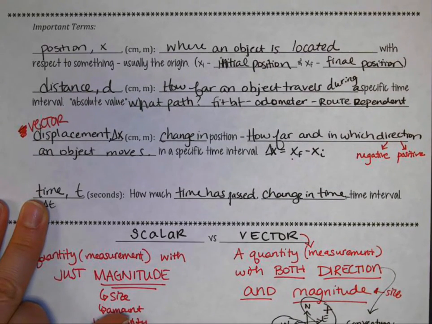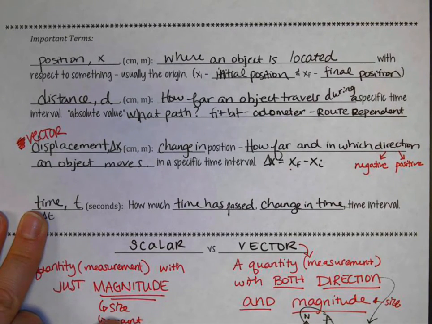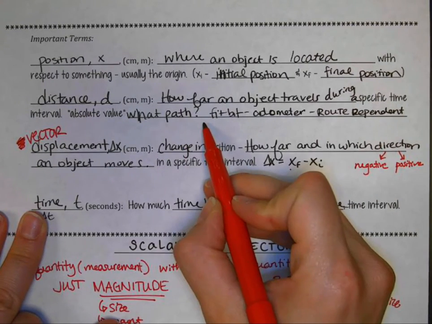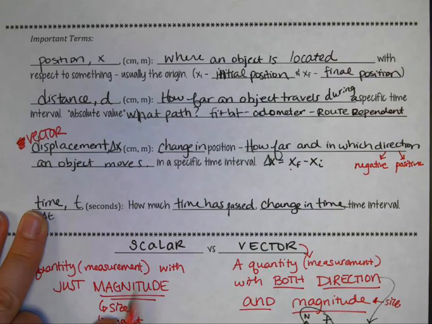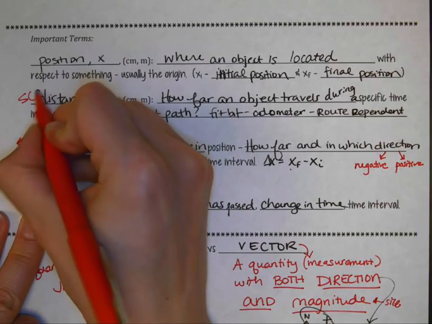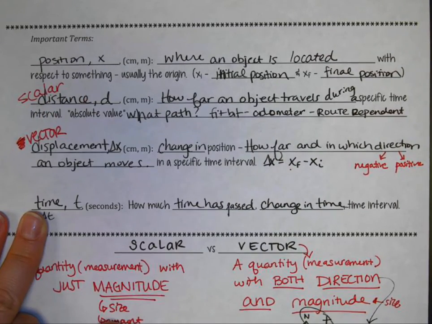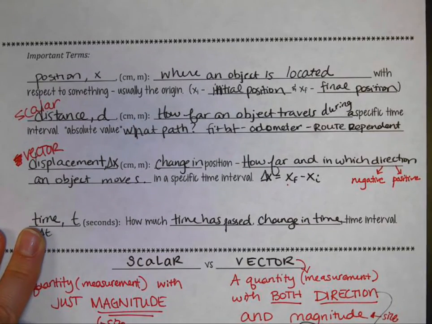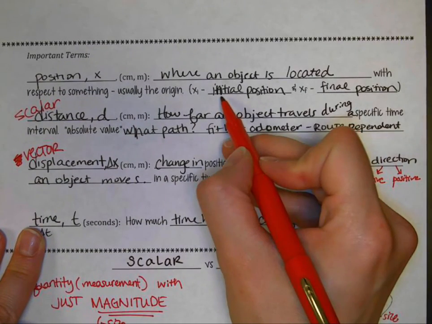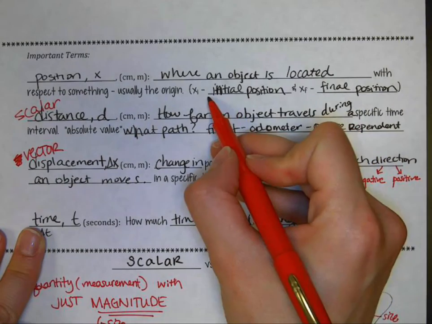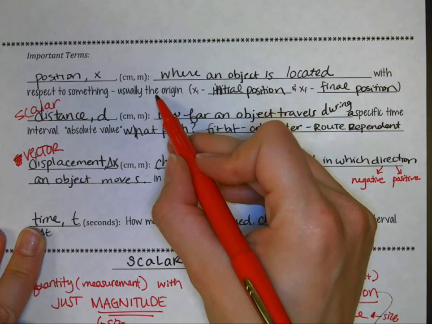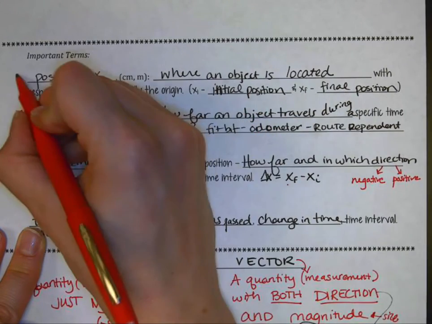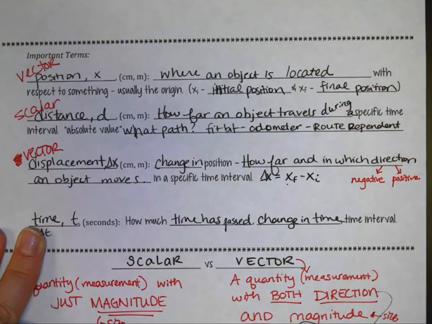Distance has nothing to do with which direction. It's path dependent, so no matter what direction, you're still counting it just the same. So that is a scalar. And position, again, you could really talk about position being relative to something like the origin. You could have a negative position or a positive position. So I tend to go with the fact that that is a vector.